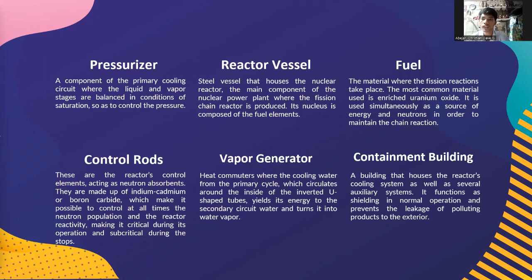Function: shielding during normal operation and prevent the leakage of polluting products to the exterior. Here in the containment building, it has a glass-type shell or other enclosure around a nuclear reactor to confine fission products that otherwise might be released to the atmosphere in the event of an accident. Next slide.